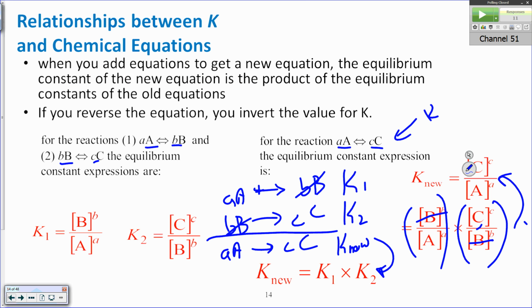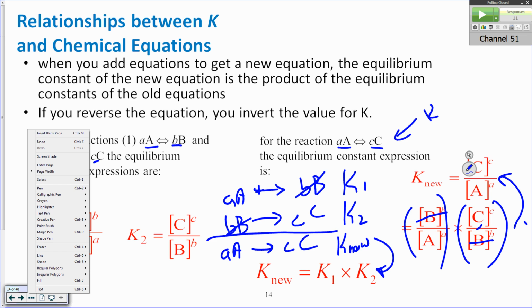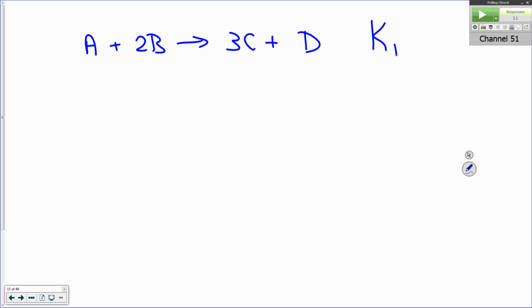The other one that I don't think I mentioned here, let me throw that on a new page. If I have a reaction, so let's say that I have this equilibrium. All right, so this value is K1, and I want it for the opposite of that.